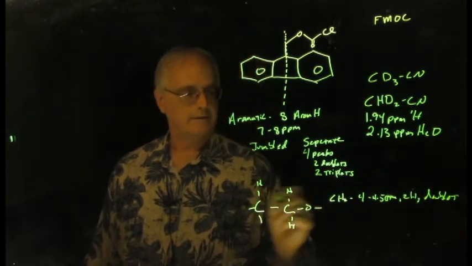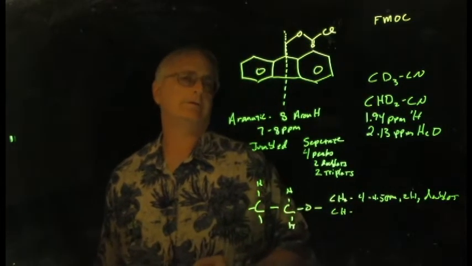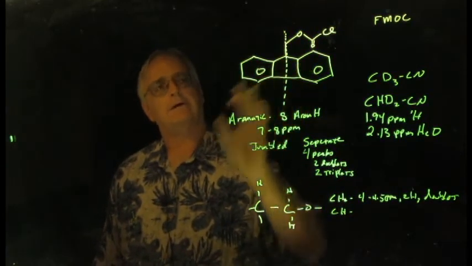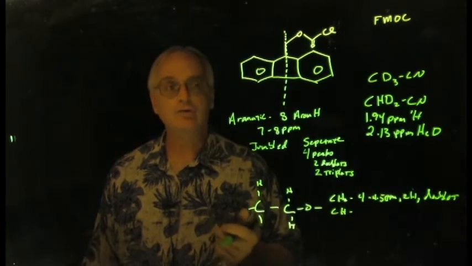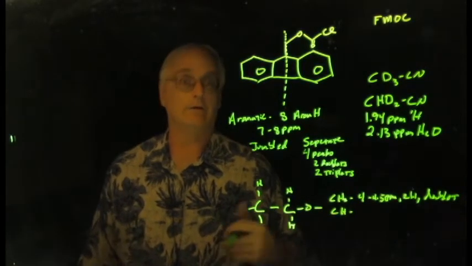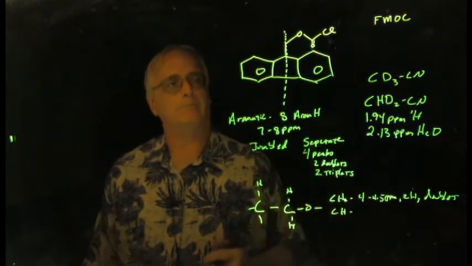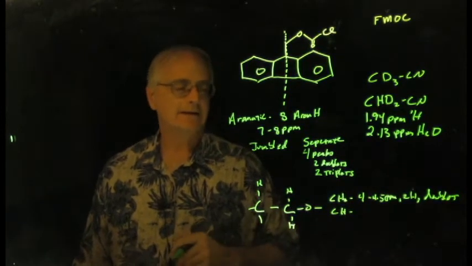Okay, the CH. Now, this one's a little bit harder to figure out on the chemical shift. It is a proton adjacent to an aromatic ring. That brings it somewhere in the neighborhood of 2, 2.5. This one's adjacent to 2 aromatic rings, so we'll move it a little bit higher because of that. It is also near this CH2 group that is next to the ester.